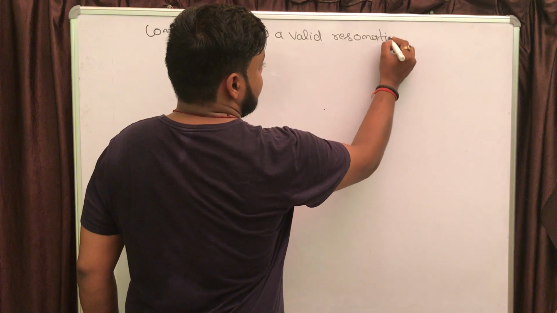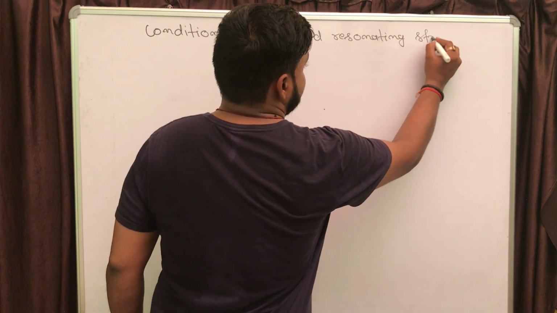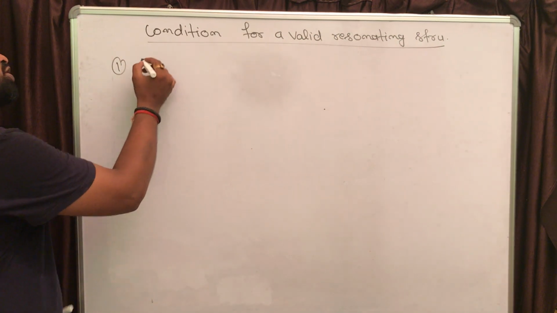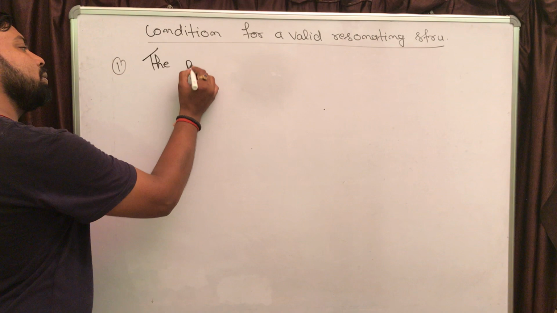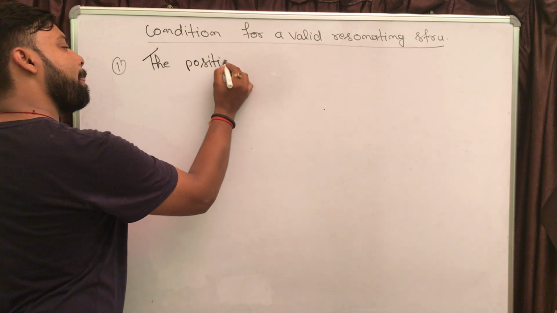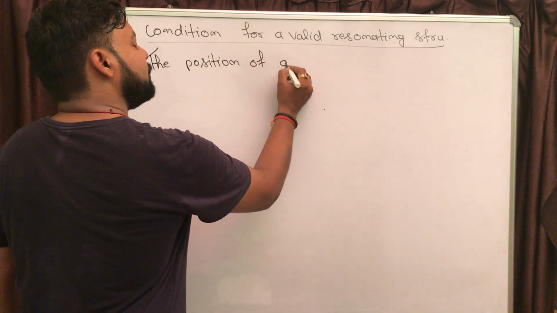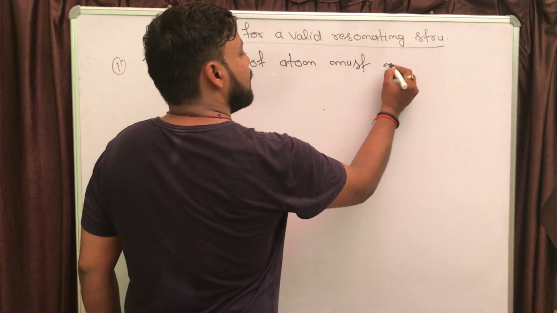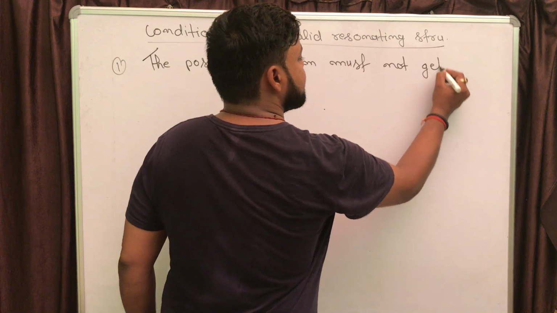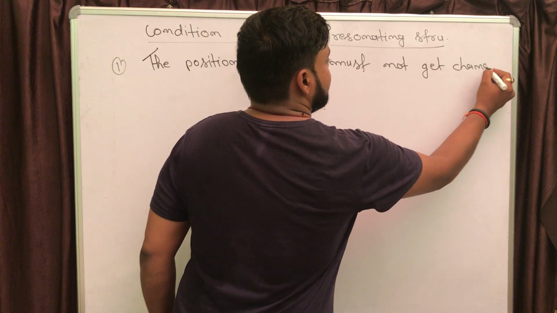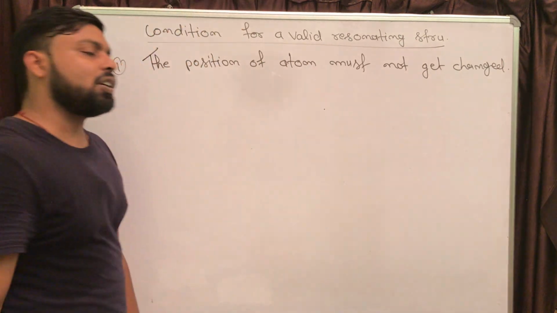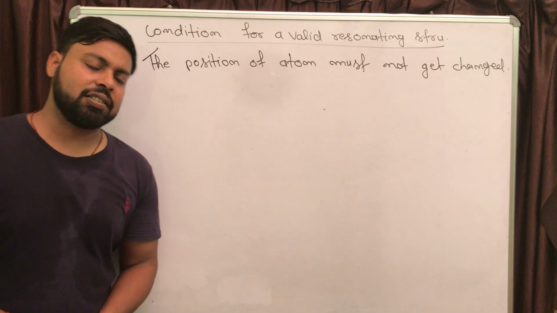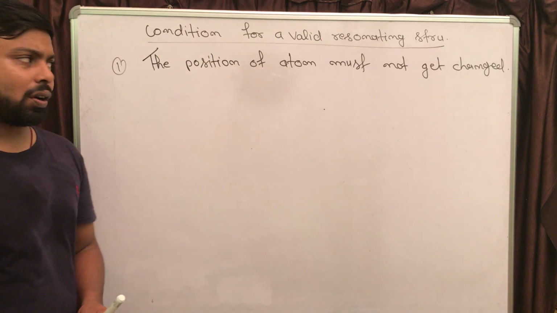First condition is the position of atom must not get changed. If you are changing the position of atom while drawing the resonating structure, definitely that resonating structure will be invalid. That resonating structure will be wrong.